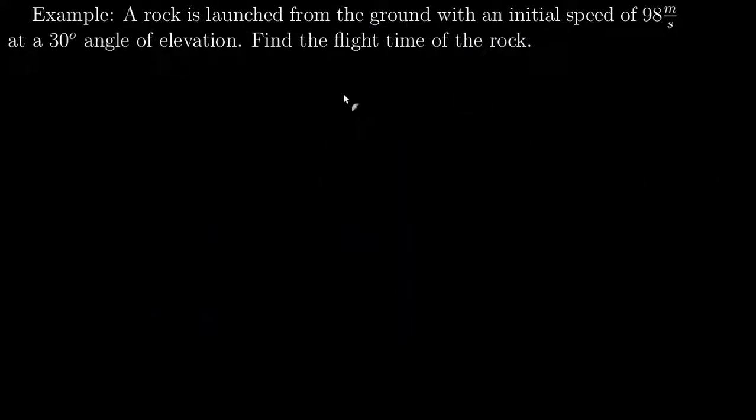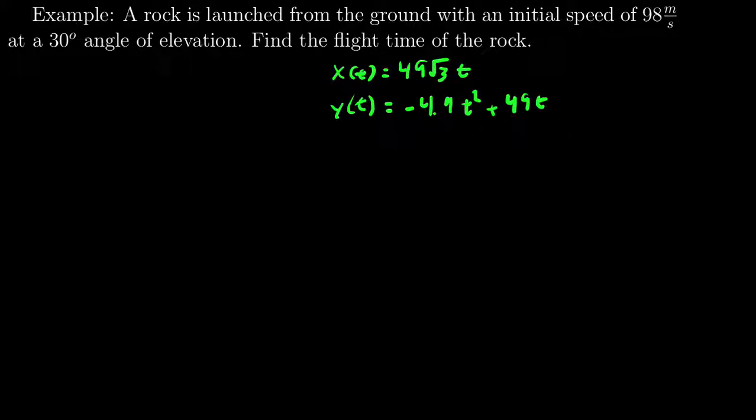So here's my next problem. I want to find the flight time. We will recall that x of t was 49 root 3 t, and y of t was negative 4.9t squared plus 49t. And to find flight time, I figure out when we hit the ground, which is when y of t equals 0.